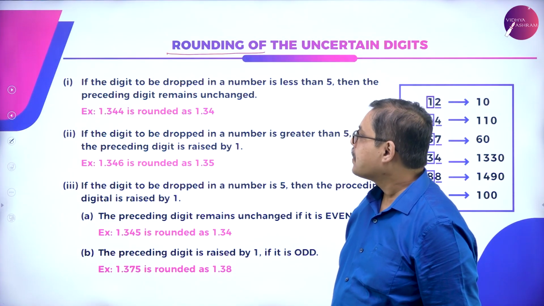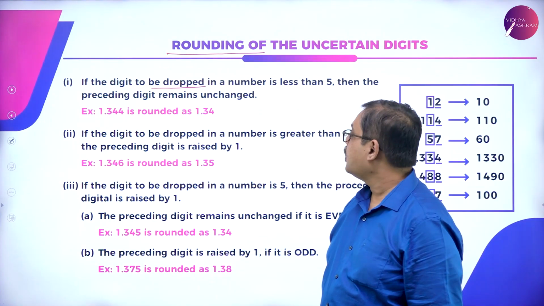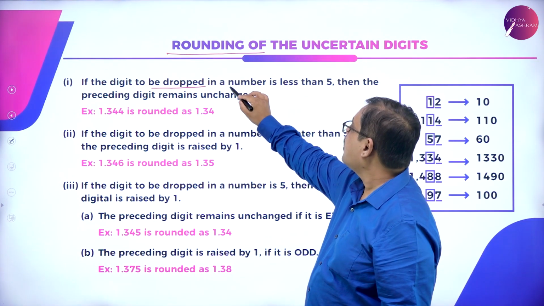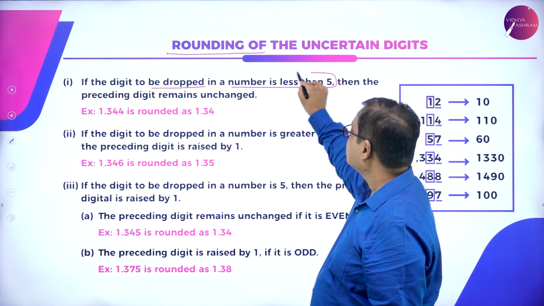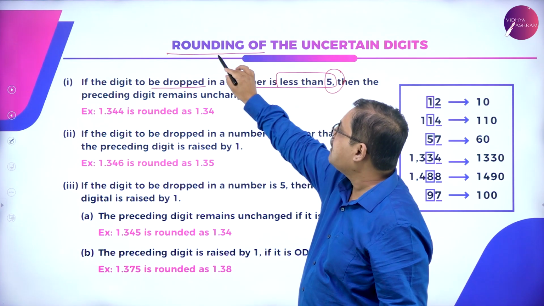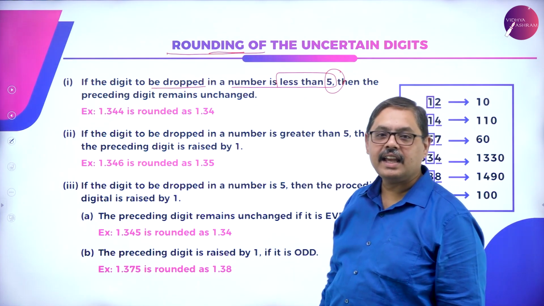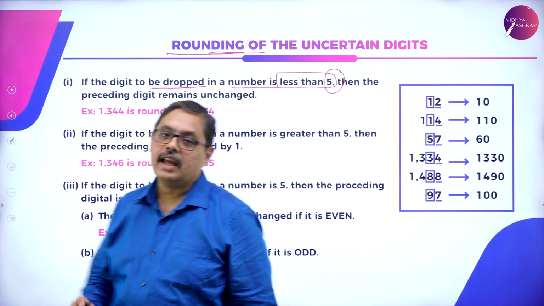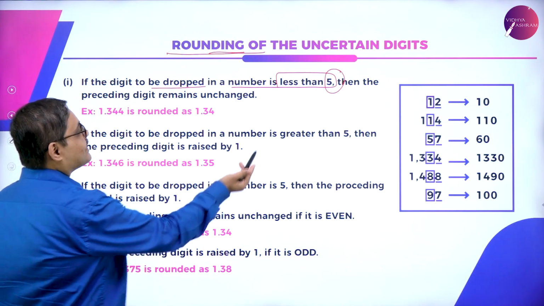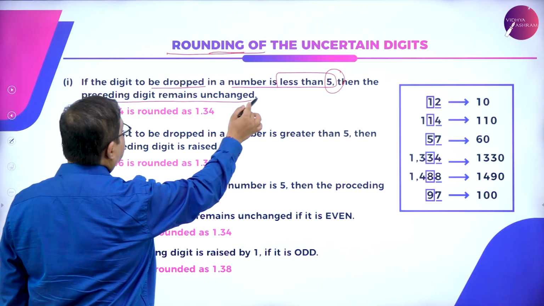What are those rules? If the digit to be dropped in a number is less than 5, please understand, I am always speaking with respect to 5 whenever I am rounding off any uncertain digits in a significant figure. If the number to be dropped is less than 5, then the preceding digit remains unchanged.